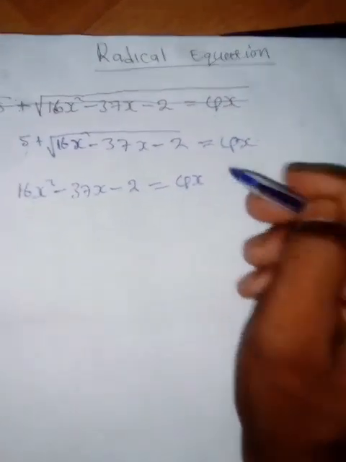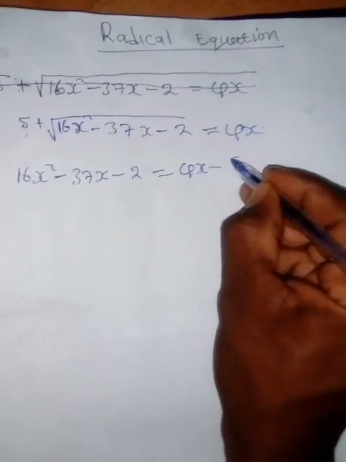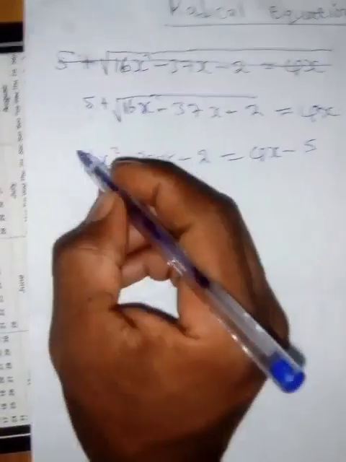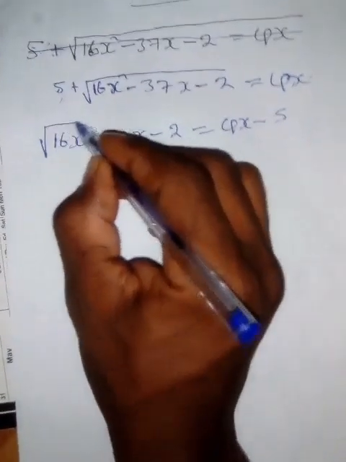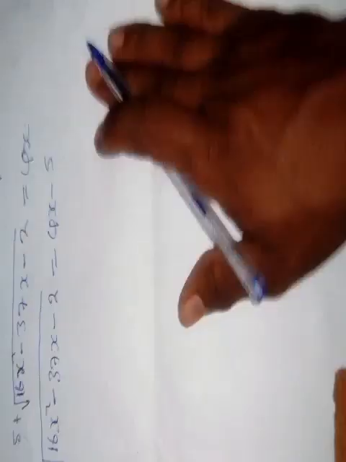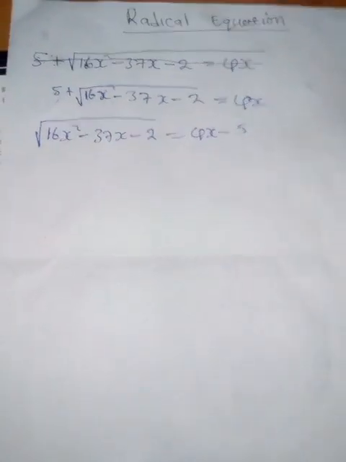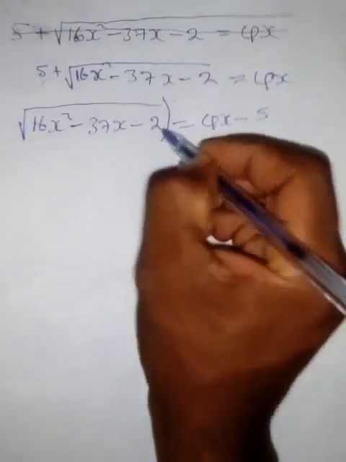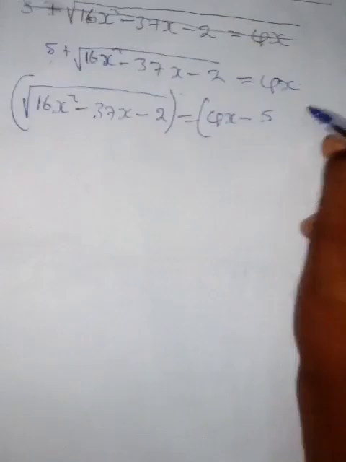This guy here is positive. Now when it crosses the other side there, it becomes a negative. So here to be -5. So here put that root. Then from here now I have to square both sides. So I square here, even this side.